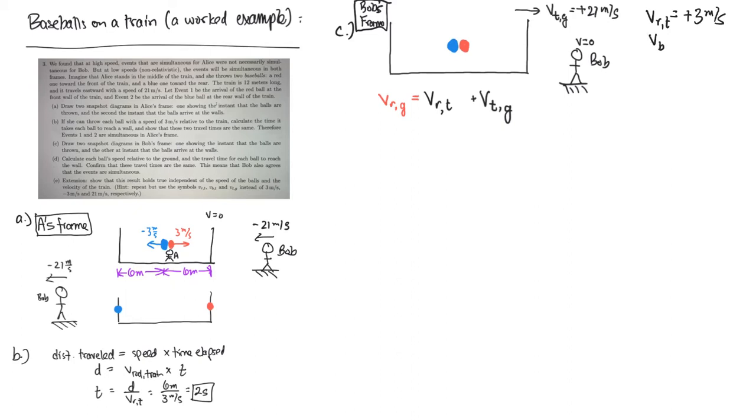We're given that V blue ball relative to the train is minus 3, thrown to the left relative to the train. And we know that the train relative to the ground is plus 21. Okay, so we actually have all the quantities that we need. We know VRT, plus 3, and we know VTG, plus 21. So we can just put that in, plus 3 and plus 21, for a grand total of 24 meters per second.